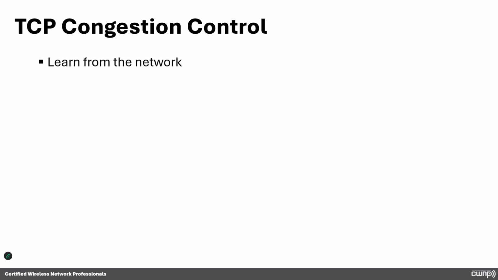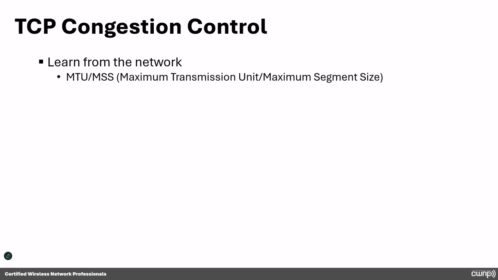And one of the first things it's going to learn is the MTU and MSS information. So the MTU, or maximum transmission unit, is the maximum size effectively that an IP packet can be to traverse the network, but it's based on the payload size of the link layer that might be across that network, right?